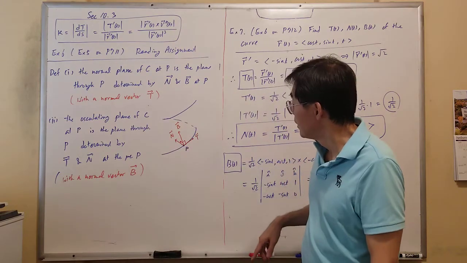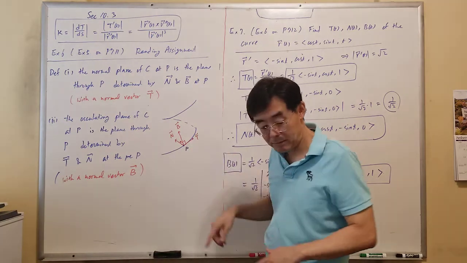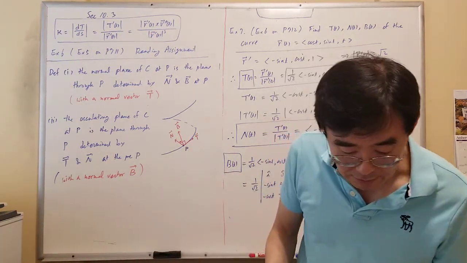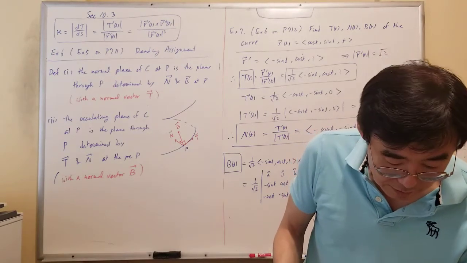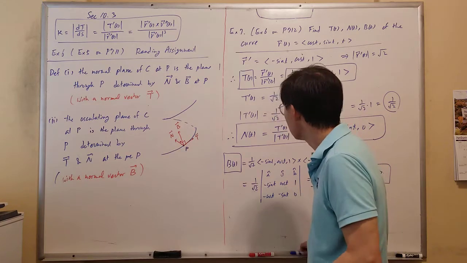Now, if you draw a circle on the osculating plane, okay, this is a bit too much. So I'm just going to write it and then explain.